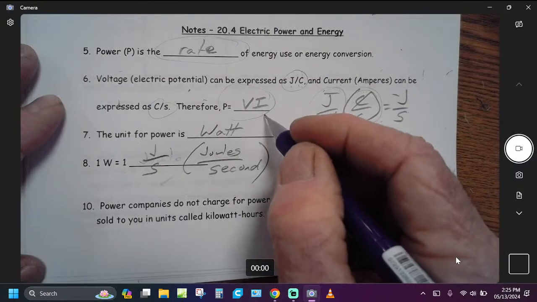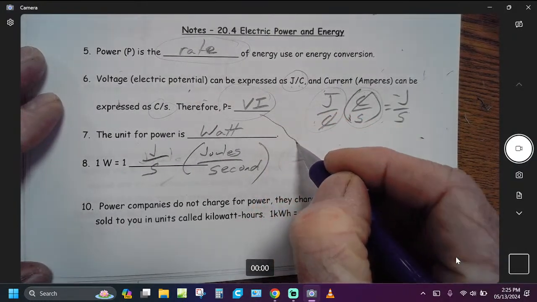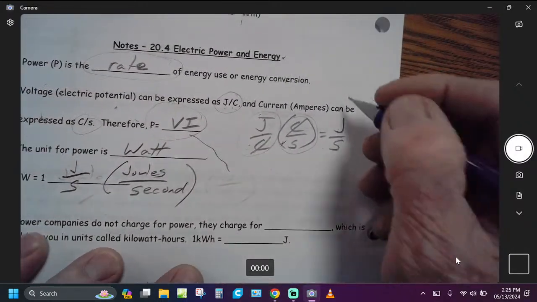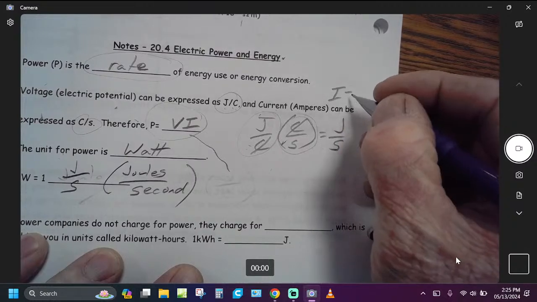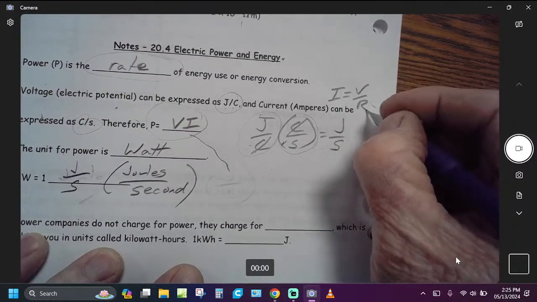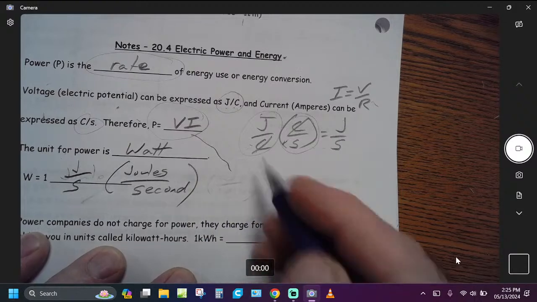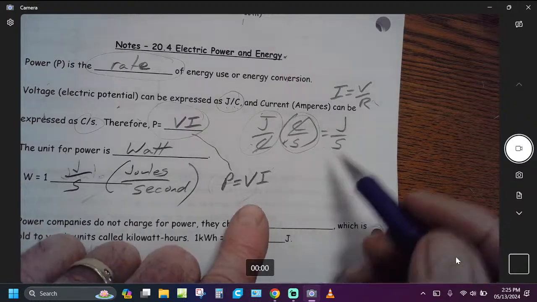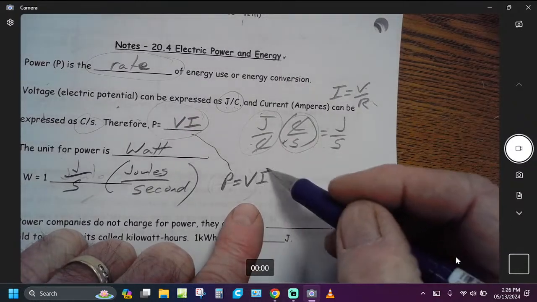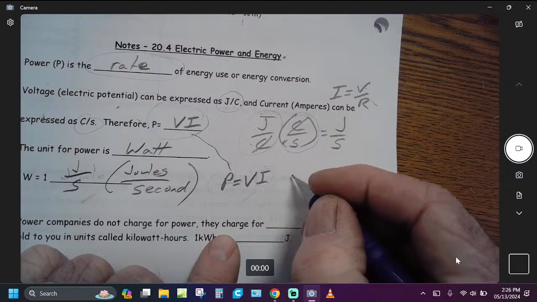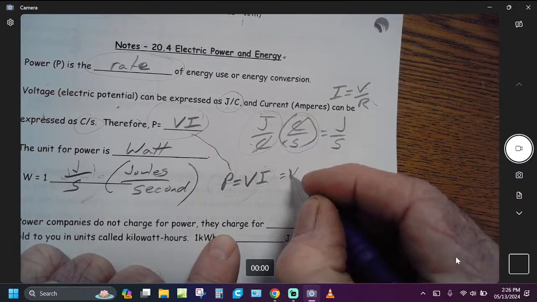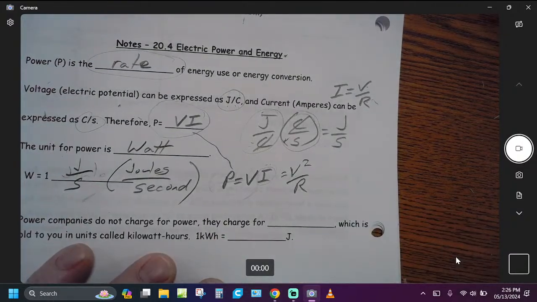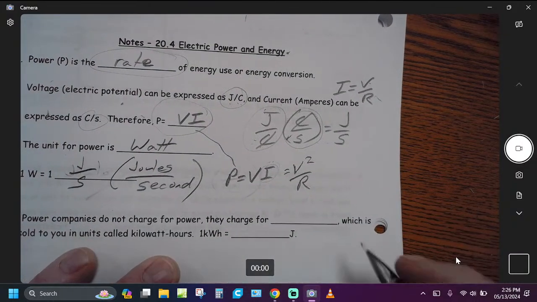So that's one way to calculate power. I'm going to write a couple of other useful ways to do it down here. I'm going to bring in Ohm's law, I equals V over R. If I take P equals VI, which is the power formula, and substitute V over R for I, what do I get? You can also do V squared over R. That's one of the equivalent formulas for power.